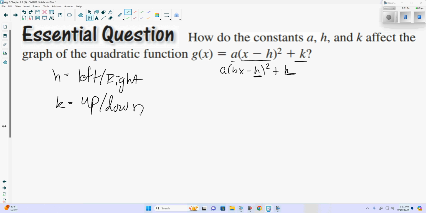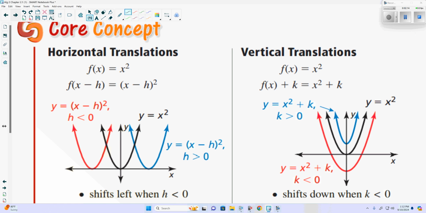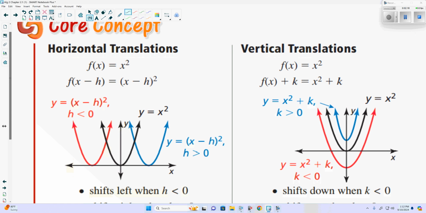Up and down moves exactly like it should. Our h, left and right, is opposite of what we think. We'll come back to this in a minute, but those are the main two we have. Now, a is our reflection across the x, our vertical stretch. B is our reflection across the y, horizontal stretch. Before we deal too much with those, let's just look at our movement left, right, up, down.